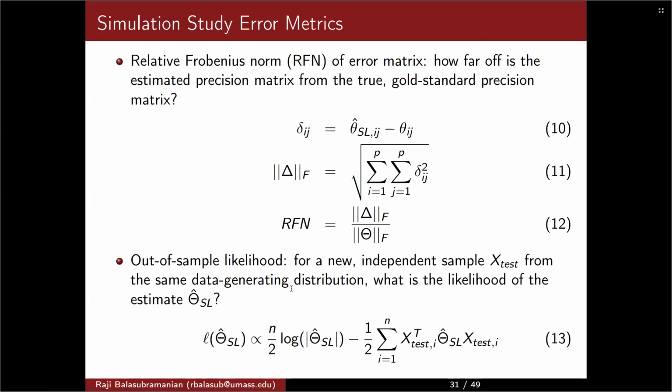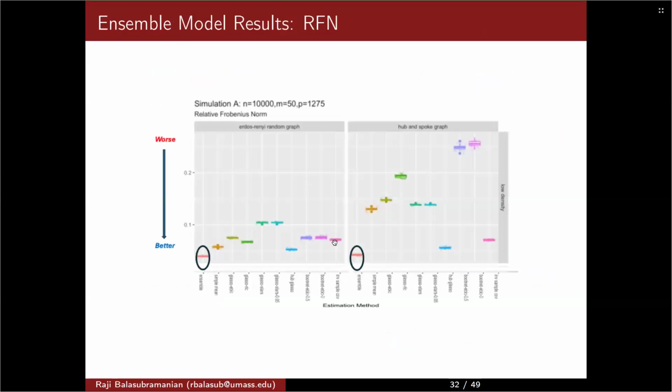I won't go into this in much detail, but we looked at several different metrics of thinking about what is good performance versus weak performance. Here's one such example. I'm sorry, this is a little fuzzy.